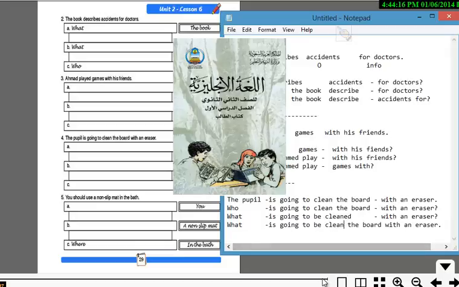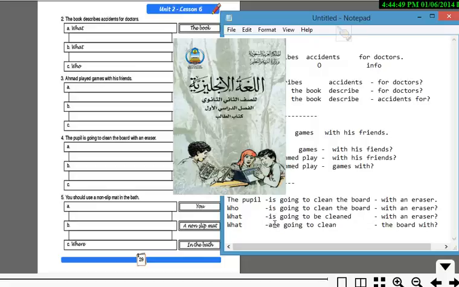I'm just kind of confused here. What are pupils going to clean the board with? All right, so we just separated the part here. It's in the object and is in information. What is going to be cleaned with an eraser, or what are?